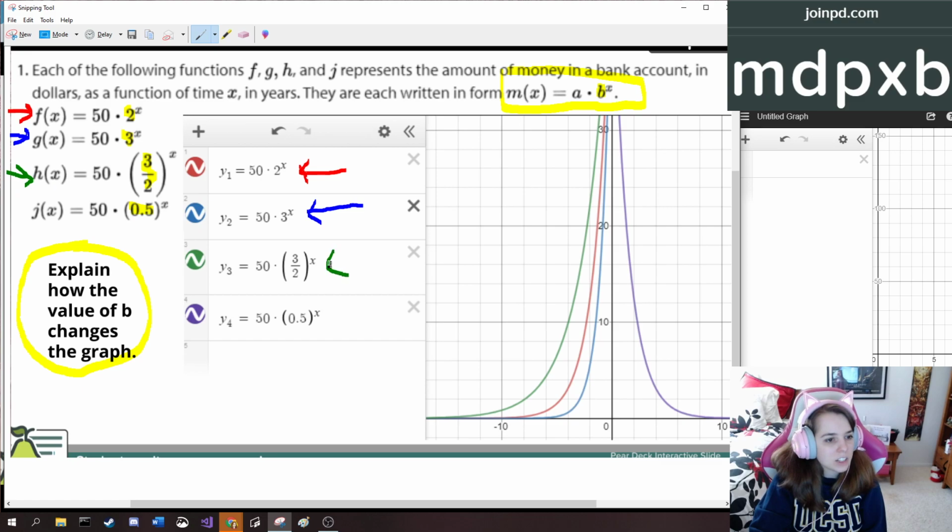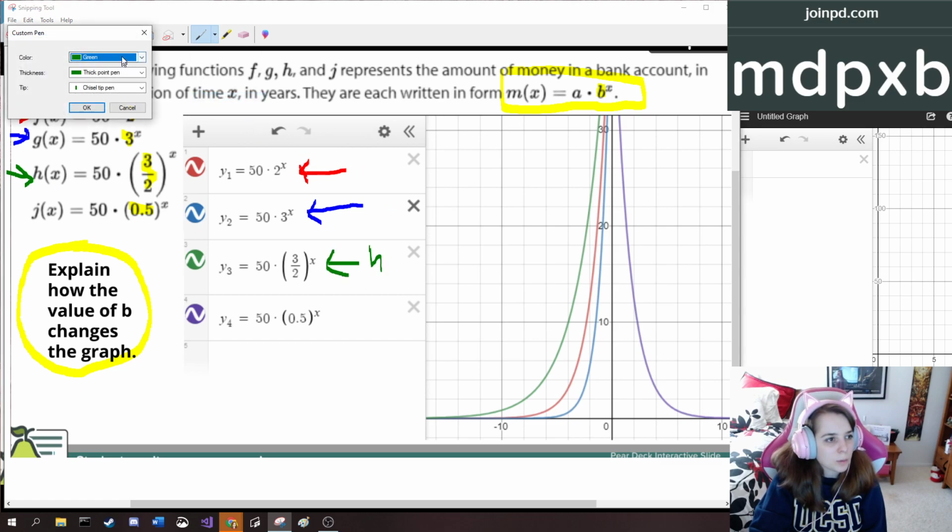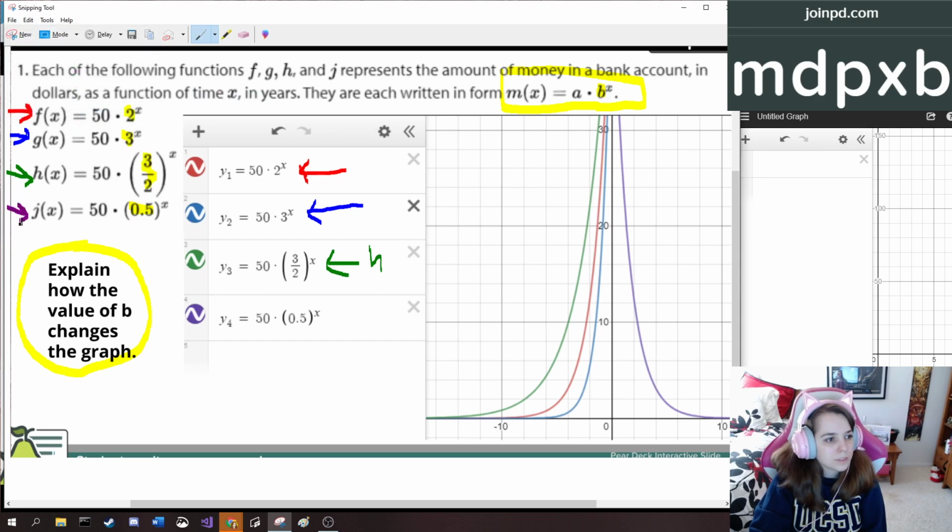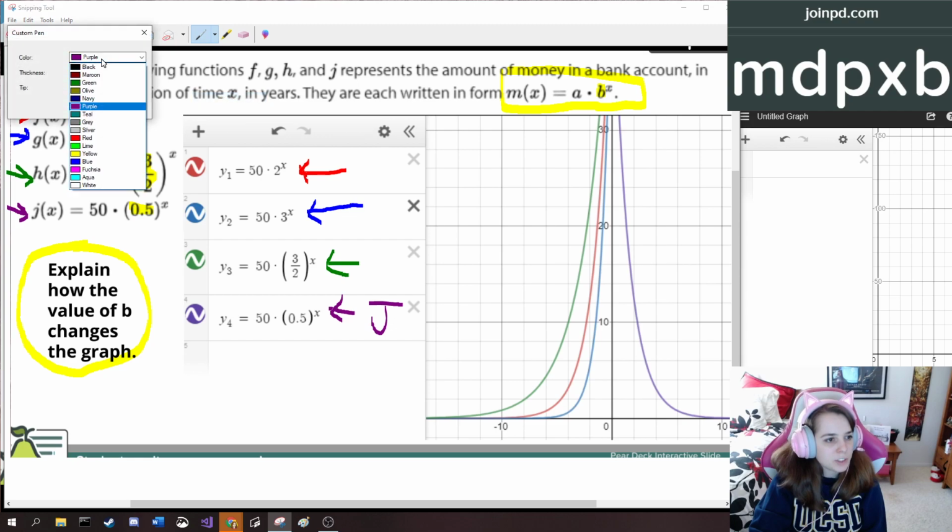So this is our H. And then equation J is our purple. This one here is J, our purple line. So we have equations F, G, H, and J.